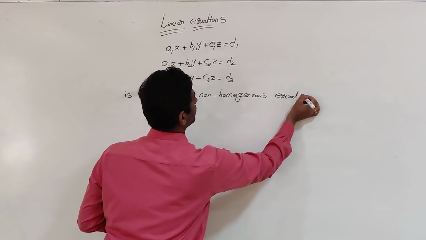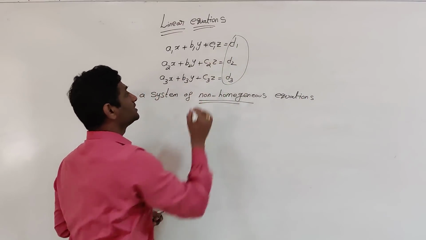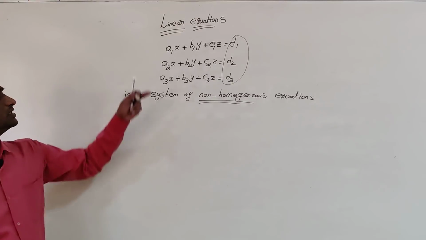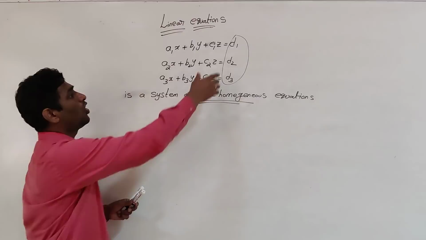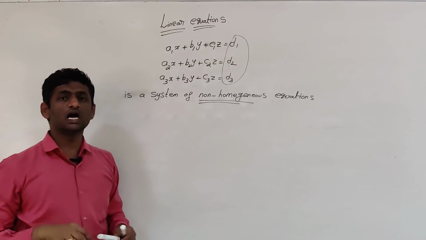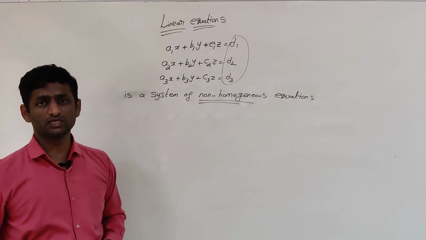What do you mean by non-homogeneous? If any one of them is not equal to 0, then the system is said to be non-homogeneous. If all the d1, d2, d3 are zeros, then the system is said to be a homogeneous equation.